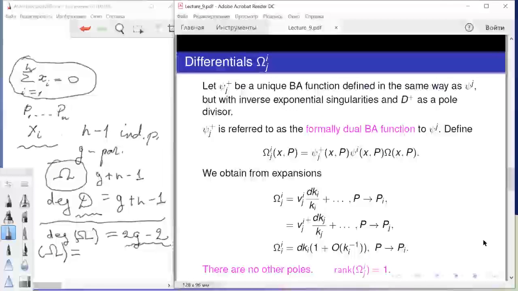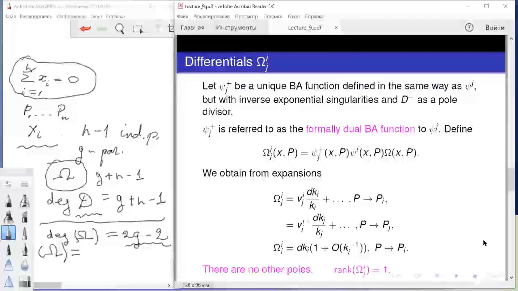This means that their pole divisor is D cross, and exponential singularities are inverse to the exponential singularities of psi_j.